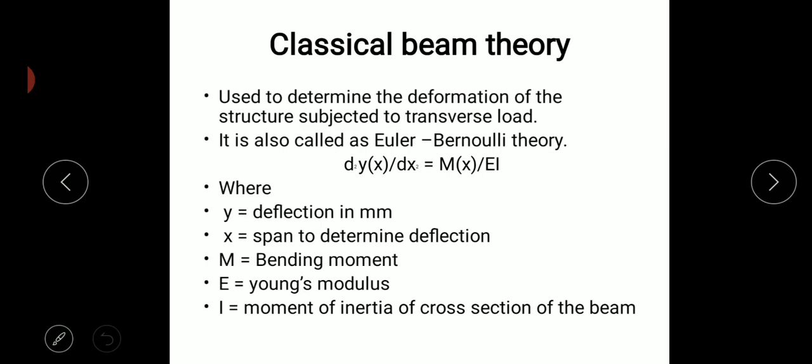As you know, the moment of inertia basically depends on the geometry of the structure, whether it is a rectangle, circle or square, whatever it is. So based on that, there will be variation of the moment of inertia. So this is all about the classical beam theory.